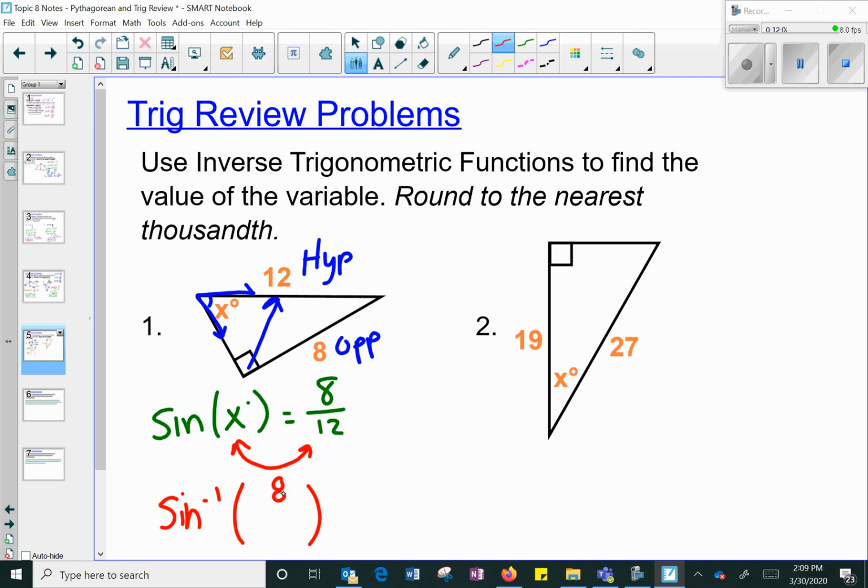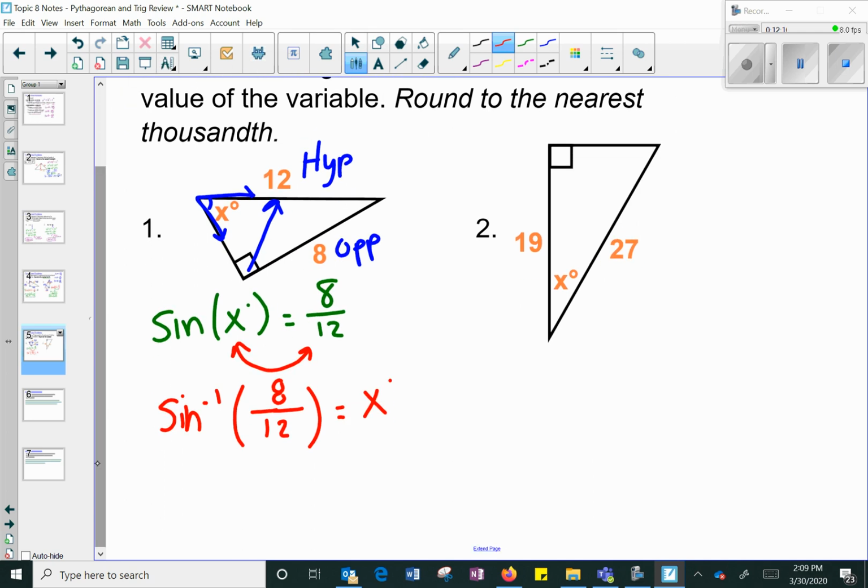So I'm going to take the inverse sine of my fraction and set it equal to x. Then in your calculator, you need to do 8 divided by 12, and then you need to do the inverse sine, or shift sine, depending on which calculator you're using. And remember, 8 over 12 is the same as 8 divided by 12.